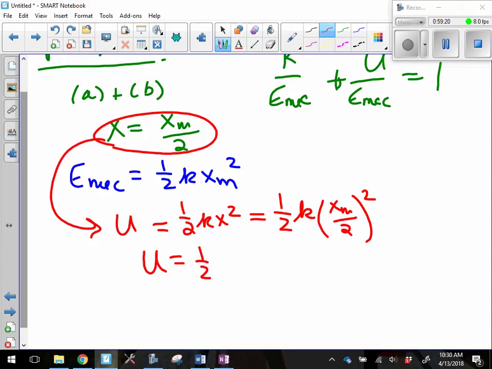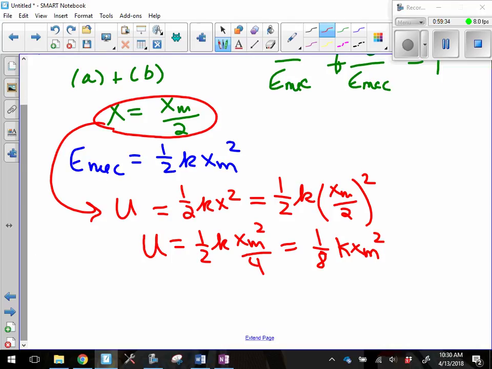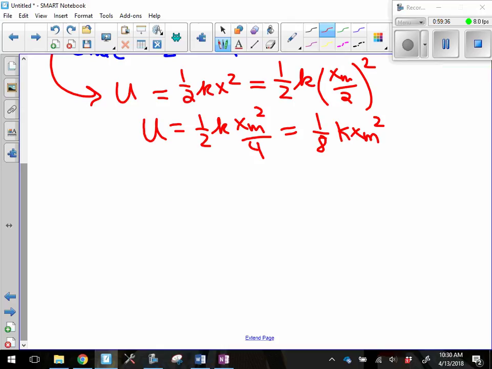So that's going to give me 1/2 k xm squared over 4, or 1/8 k xm squared. Right? Okay. Which means I can find U over Emec.